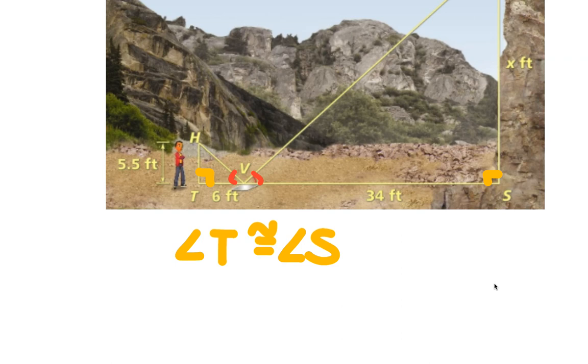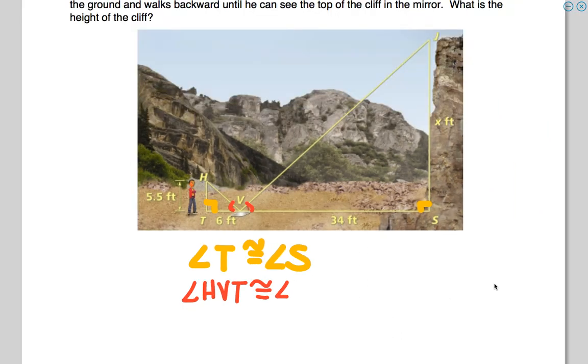So basically the light reflection there, the sight reflection, the angle that it approaches the mirror and the angle that it reflects off the mirror are congruent angles. So angle HVT is congruent to angle JVS.